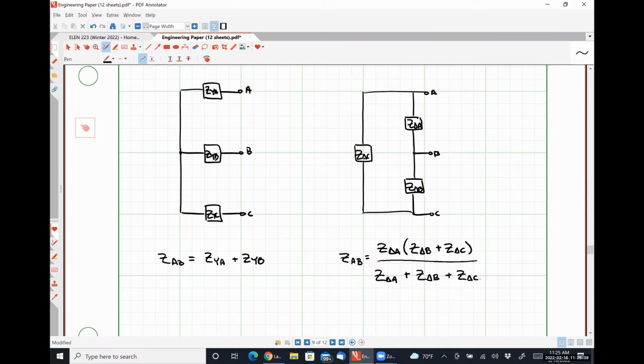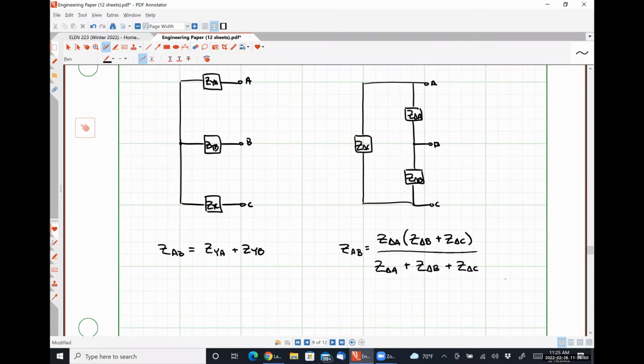So we can equate these two expressions if we want to find an equivalence between these two networks, right?